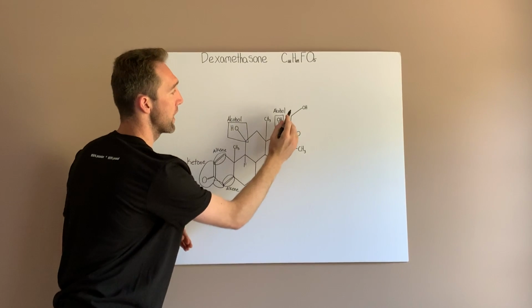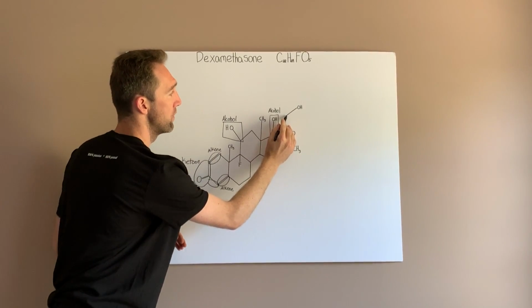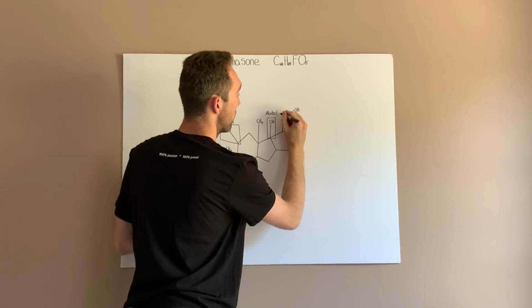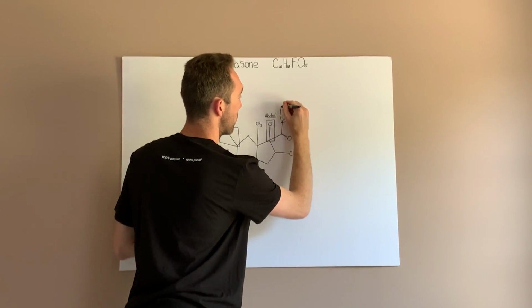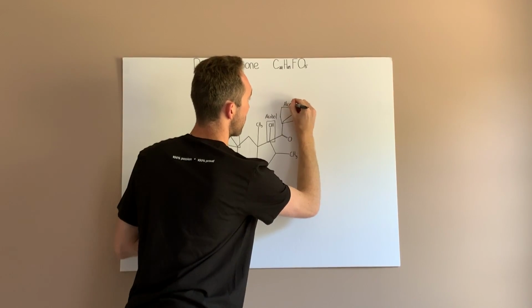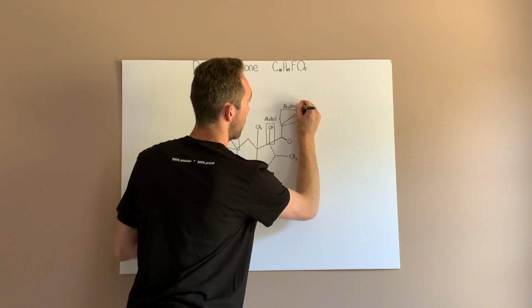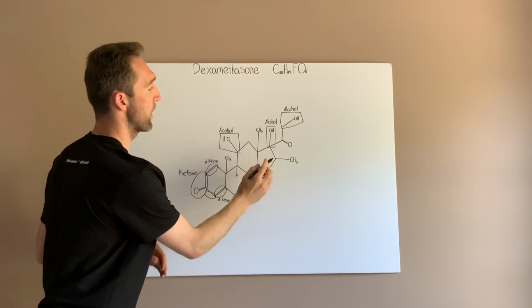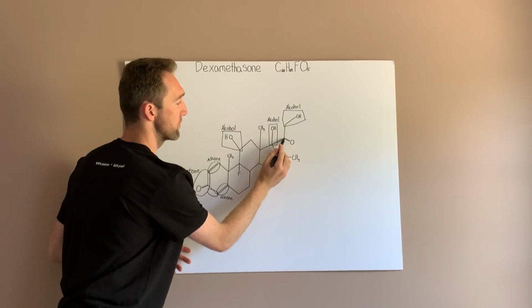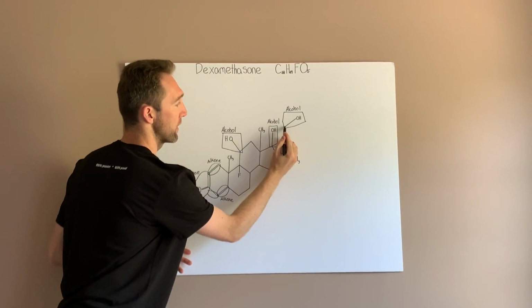Then we have a carbon up here, also single bonded to an OH, so another alcohol up here. And finally, we see that we have a carbon with a double bond to an oxygen and a single bond to a carbon here and a carbon here.